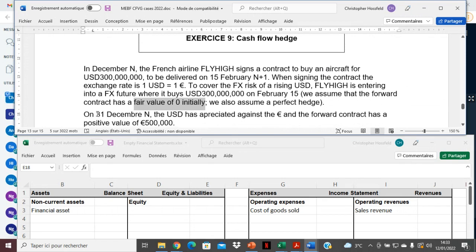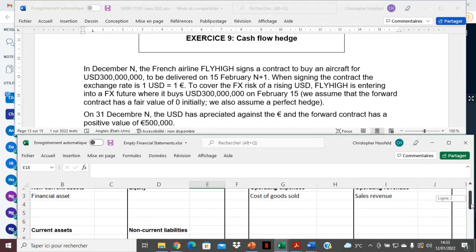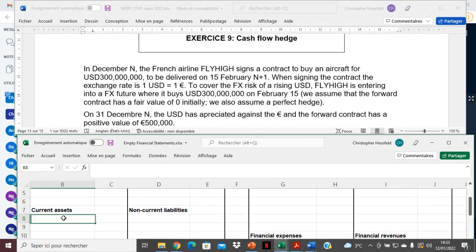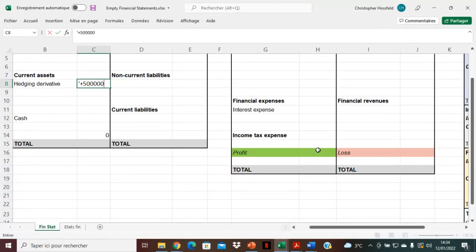But at the end of the year, on December 31st N, the future has now, for me, a positive value of 500,000. So that means now in my balance sheet, in my current assets, because here it's short term, I will recognize a hedging derivative, and the original value is 0, but at the end of the year, the value has increased by 500,000. So I have plus 500,000 on the asset side.